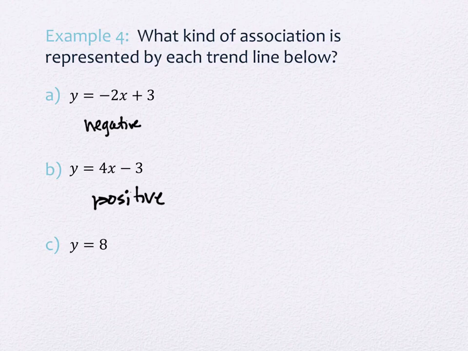What we actually say is that there's no association. And what it usually ends up looking like is a bunch of dots that if you were to draw a line, it would look horizontal because you can't really say that it's going uphill or downhill. Hence, a horizontal line looks like a zero slope, right?